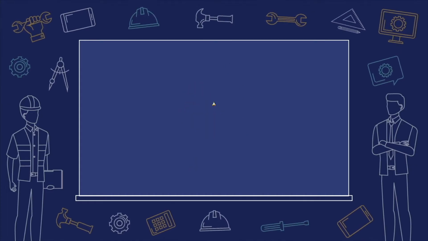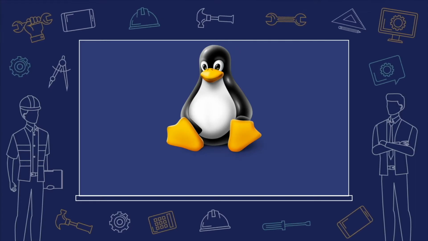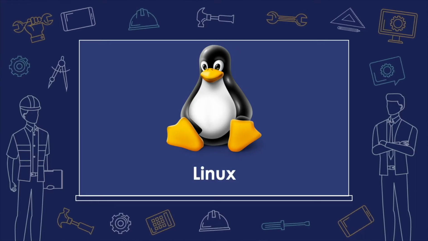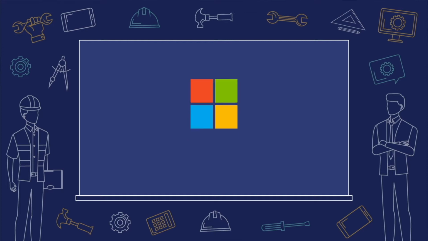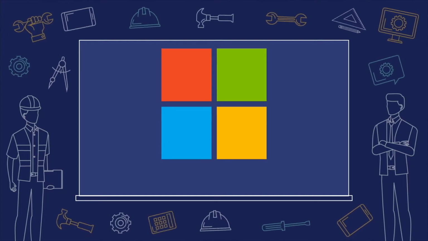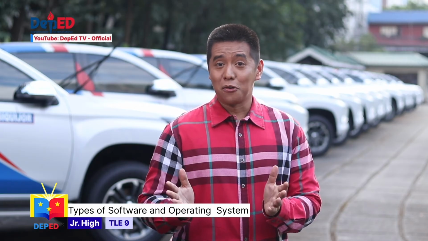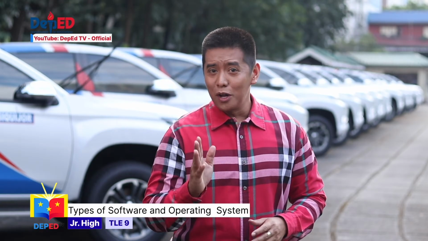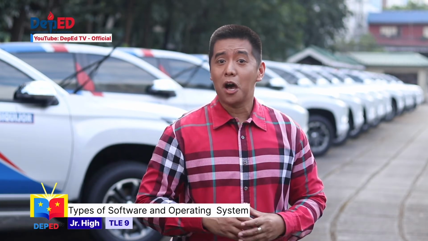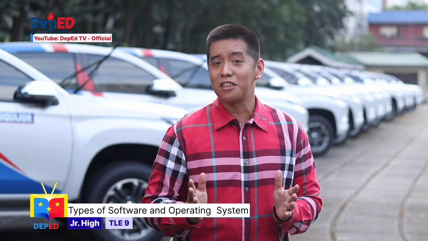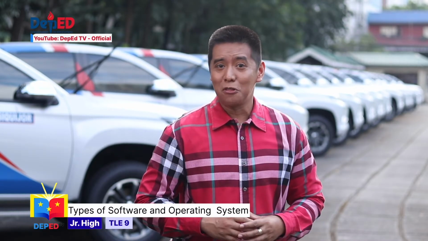Logo number 4. The answer is Linux. And lastly, logo number 5. The answer is Microsoft. Did you get them all correctly? If not, do not worry because as we go along with our discussion, we will go back to these logos and get an in-depth understanding of each one and more.